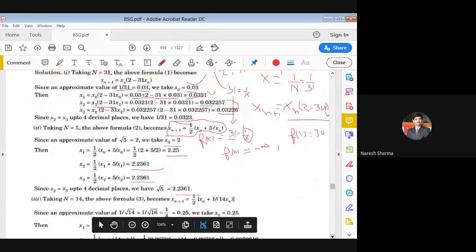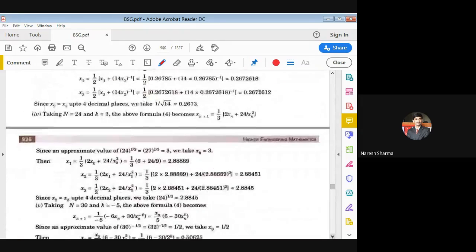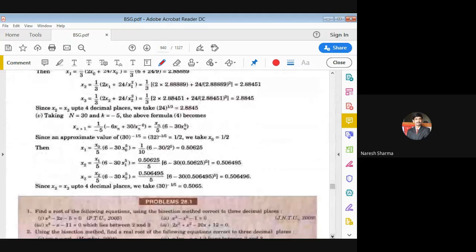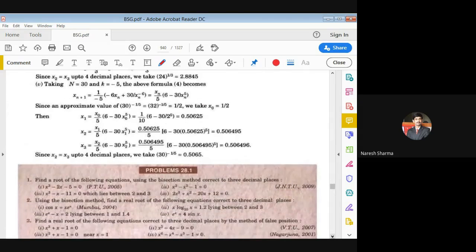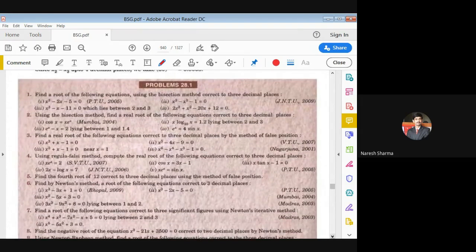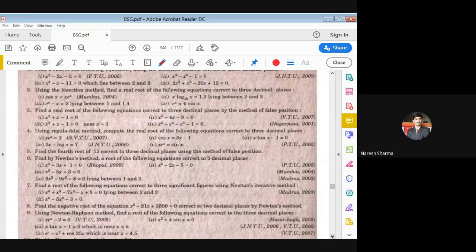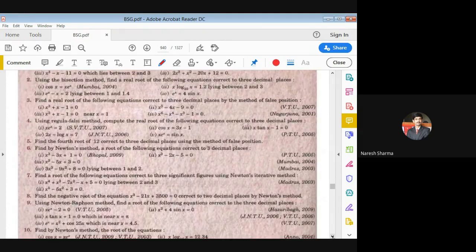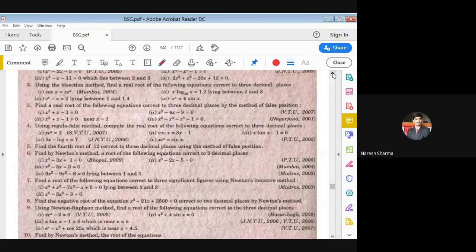So this is the Newton-Raphson formula application, we may say. I am stopping here, right? Today we discussed only the Newton-Raphson formula. So you can try these questions if you like. And one important thing, in every question you can apply any of these methods. Only if the derivative of the function is very small, we avoid the Newton-Raphson formula.